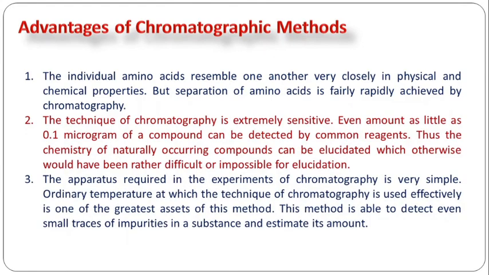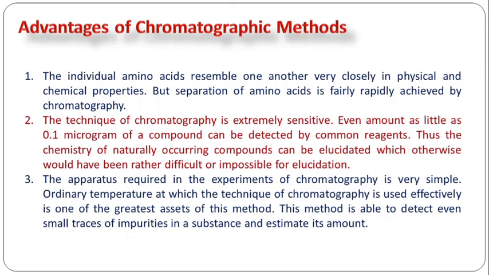The apparatus required in the experiment of chromatography is very simple. Just as we have seen in the development of a chromatogram, the apparatus is very simple. The container is just a beaker, a lid, and like that. Chromatography is used effectively at ordinary temperature. So at normal temperature we can use these chromatographic techniques, which is one of the greatest assets of this method.